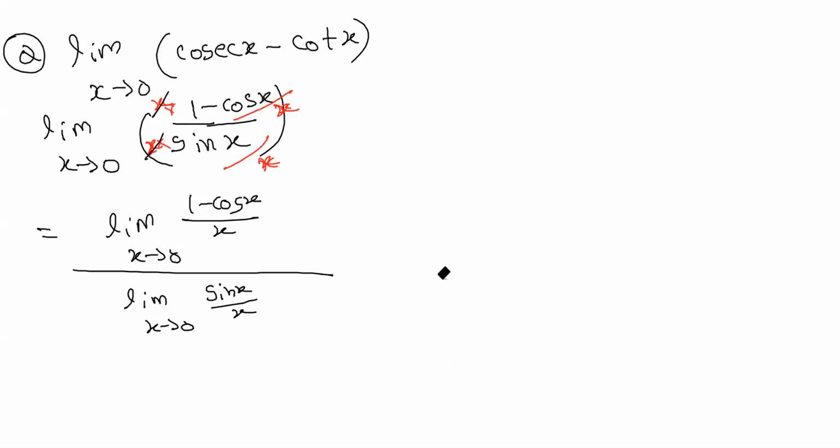If anything is not, then we do modifications to get it into standard form. The main motto is that at the end, we should have standard form. So here we got the answer 0 by 1, which is 0.